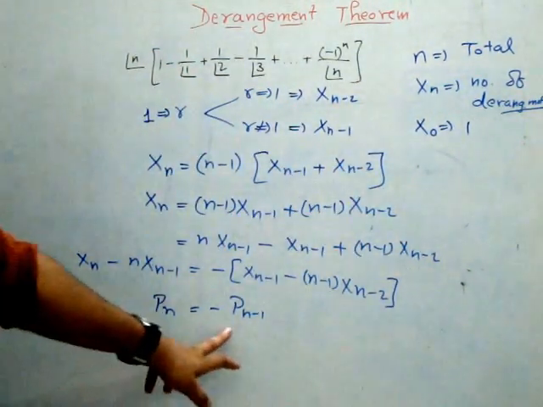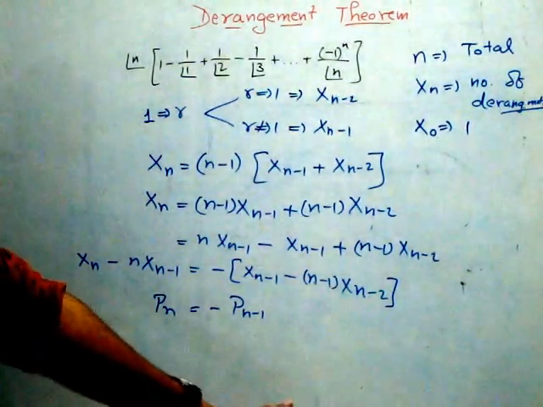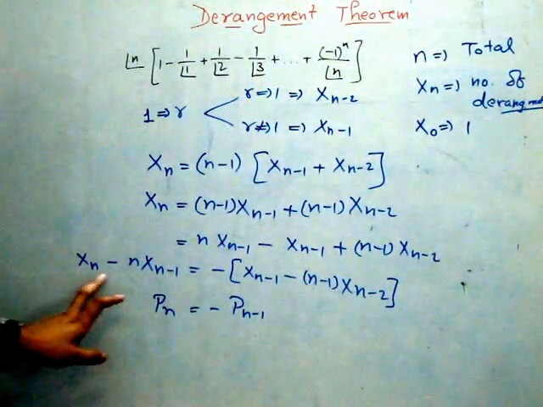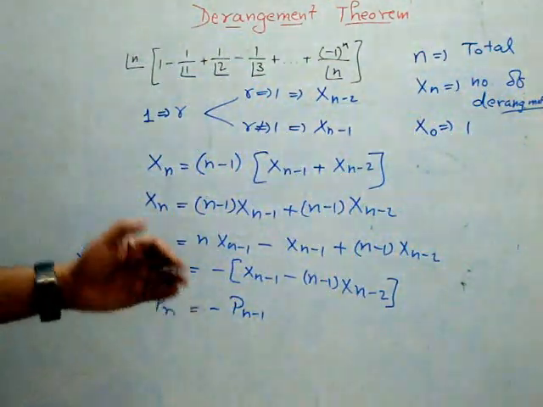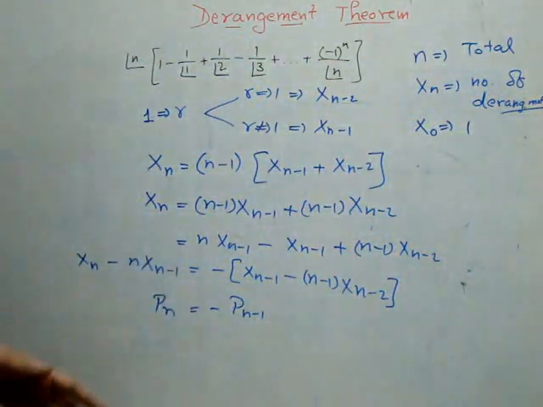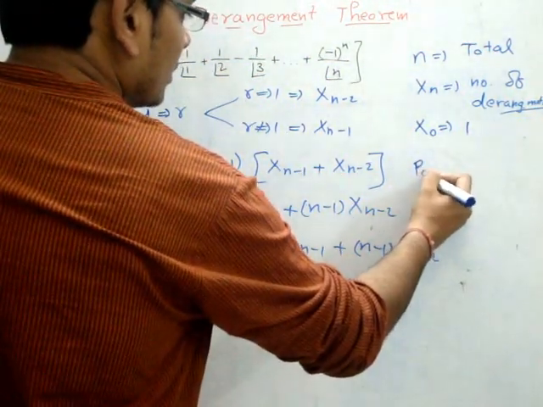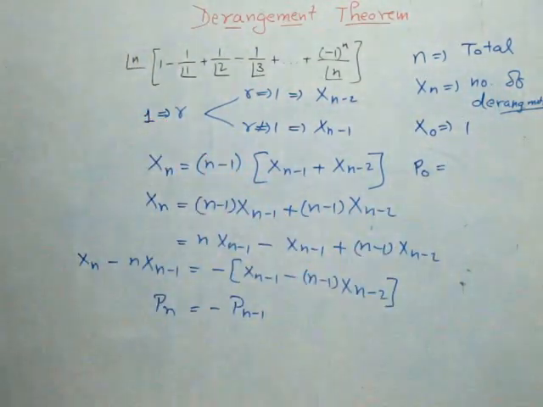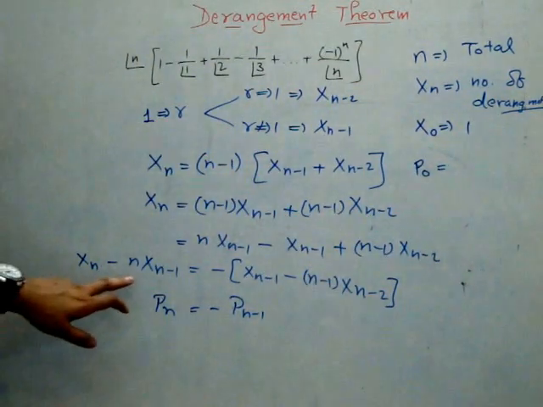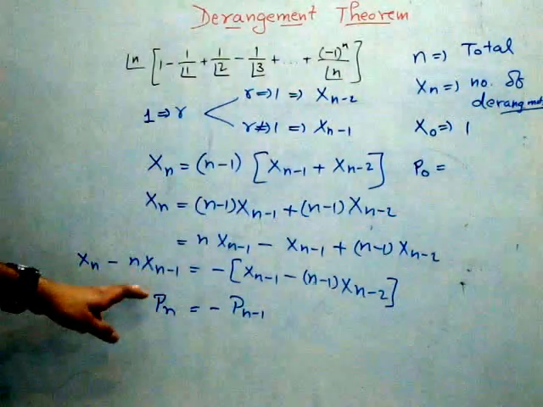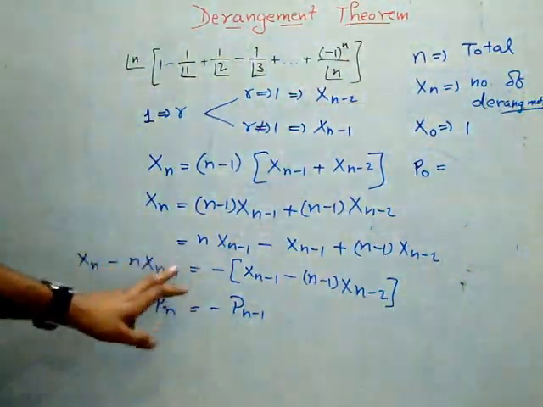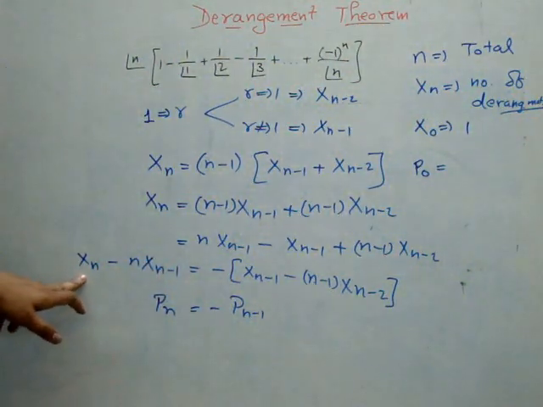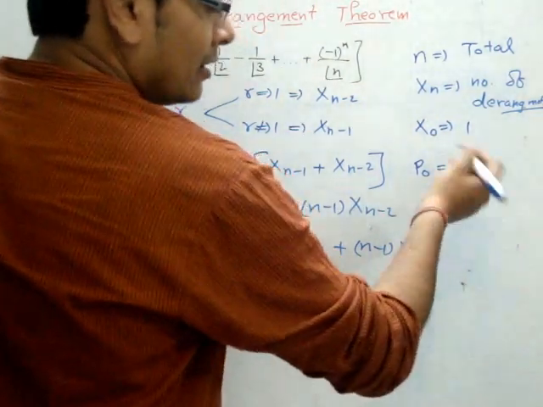So if Pn is equal to minus Pn minus 1, let's just start off from P0. What will be P0 then? See, if x0 equal to 1, P0 equal to x0 minus 0 into whatever xn minus 1. So this is 0 already. This becomes equal to x0, where x0 equal to 1.